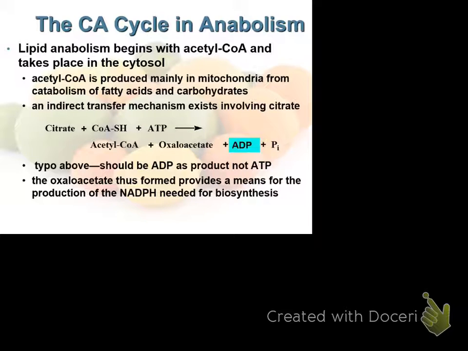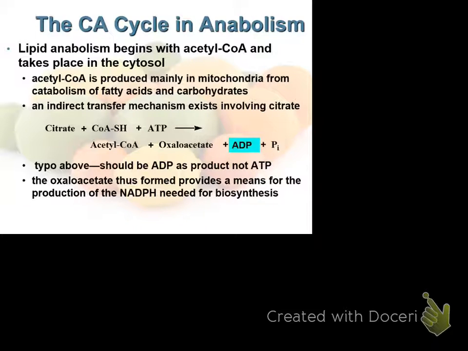And so you can also use it to build up lipids. We're going to find that out in, I forgot what chapter, for lipid biosynthesis. But lipid biosynthesis takes place in the cytosol, whereas once again, the citric acid cycle takes place in the mitochondrial matrix.